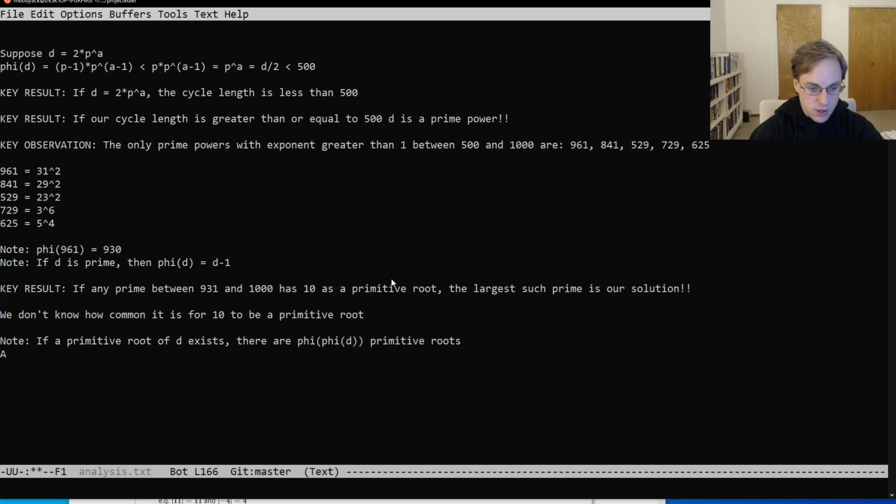It is not uncommon for 1/3 to 1/2 of the integers less than D to be primitive roots.